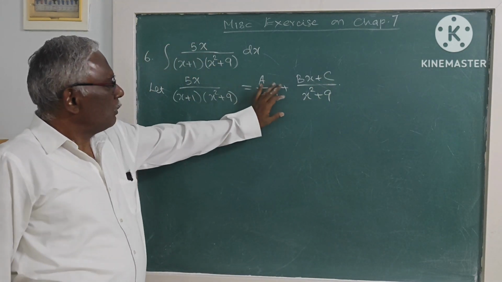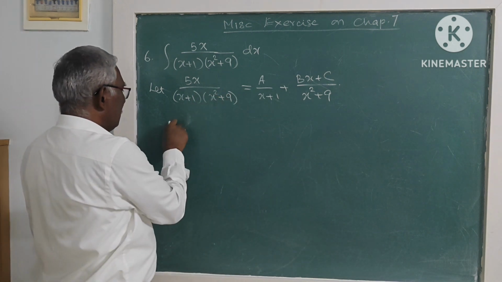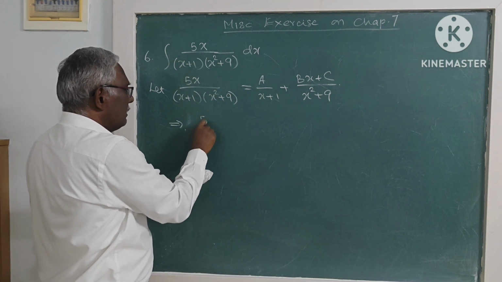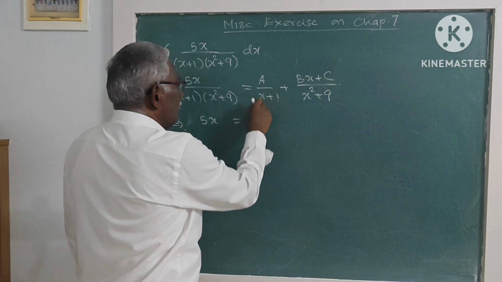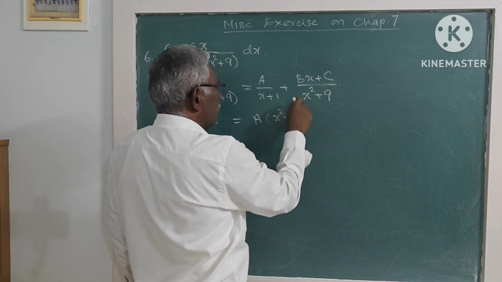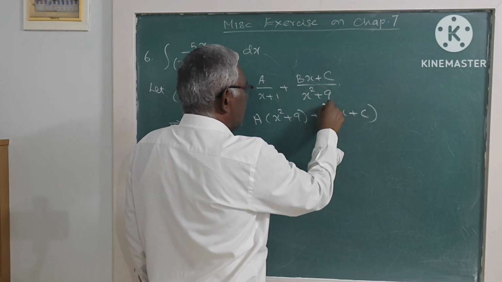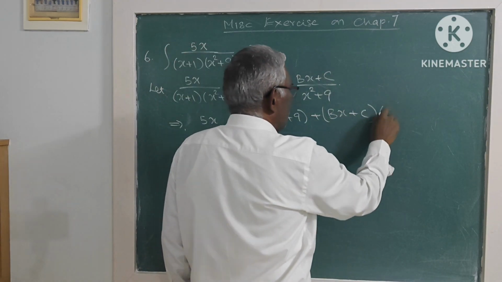On multiplying throughout by x plus 1 into x square plus 9, we get 5x is equal to a into x square plus 9 plus bx plus c into x plus 1.